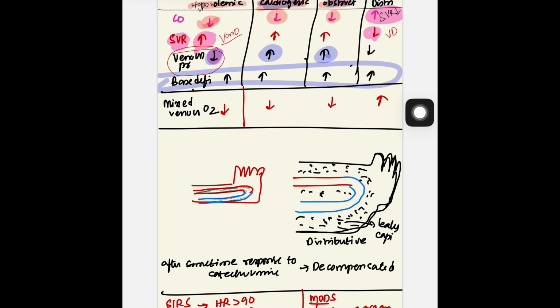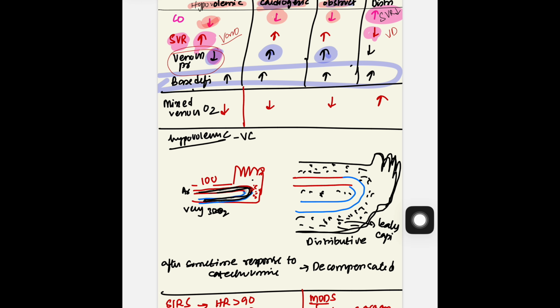What is mixed venous oxygen saturation? This is a beautiful concept. So imagine this is hypovolemic shock. This is a normal blood vessel taking 100 molecules of oxygen. The normal tissue is utilizing 80 molecules and giving back 20 molecules. 20 molecules of oxygen are coming back, going in, getting utilized and coming back. Imagine hypovolemic shock. What happens? There is vasoconstriction, one thing.